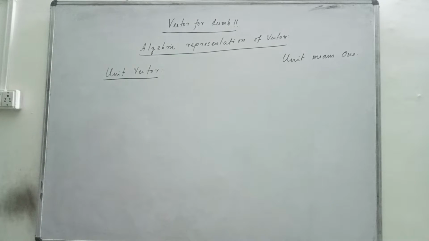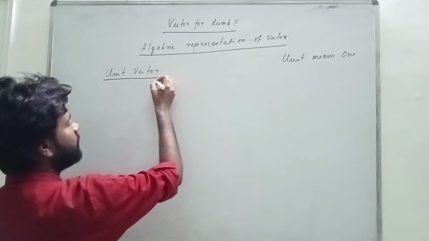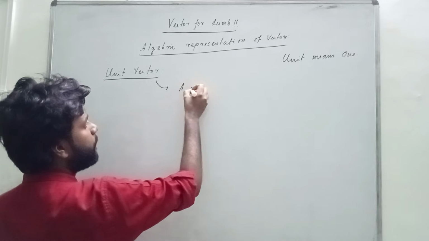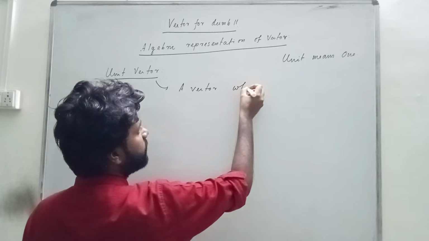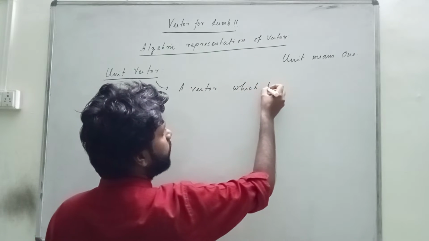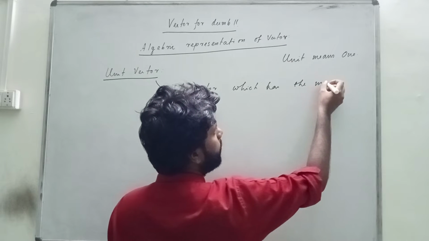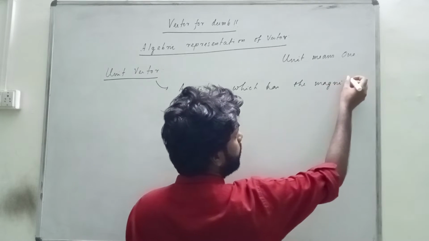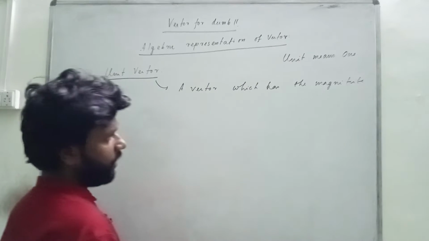So obviously, as the name suggests, the unit vector means a vector which has a magnitude of just one unit, right?